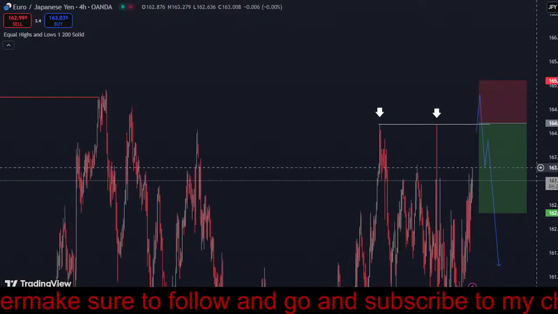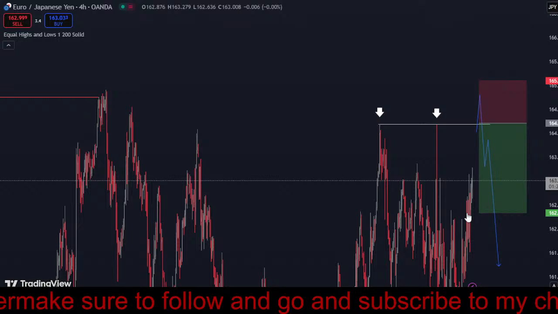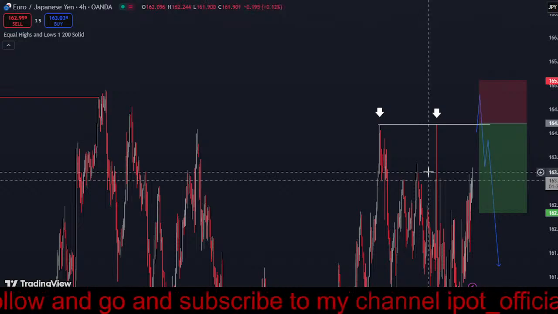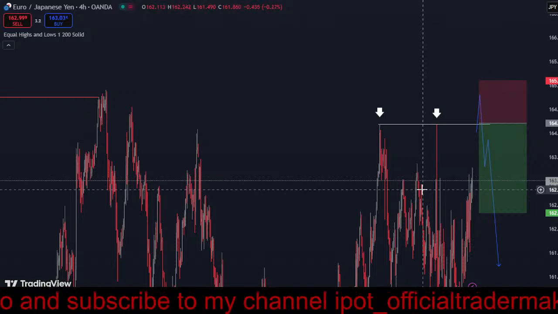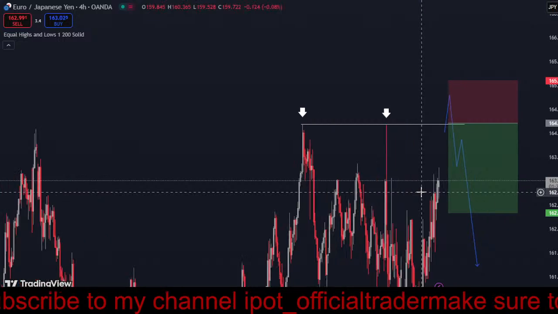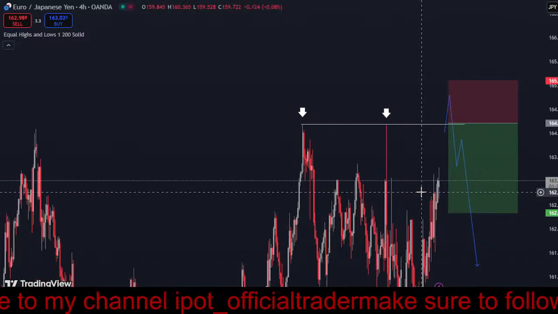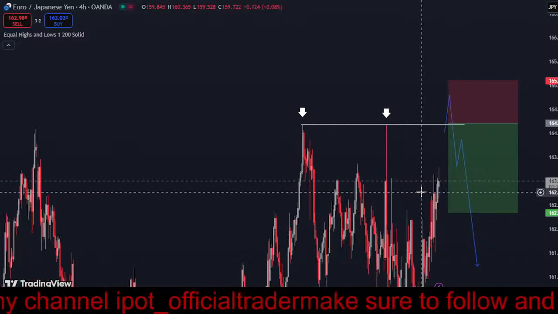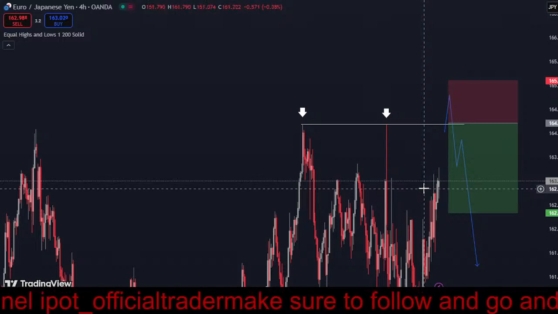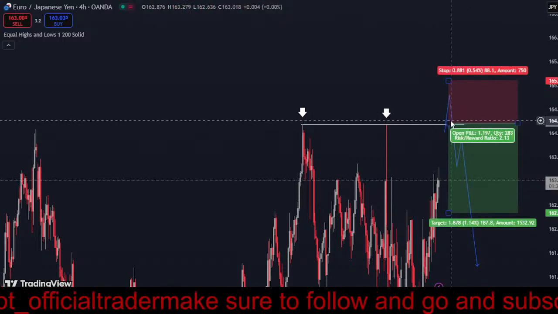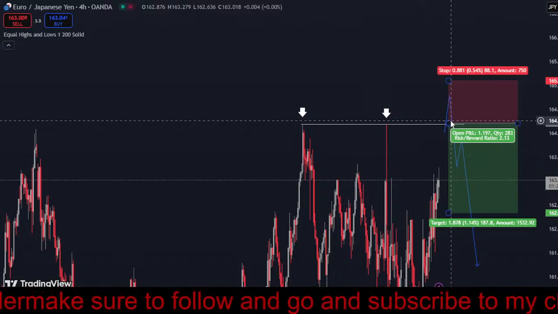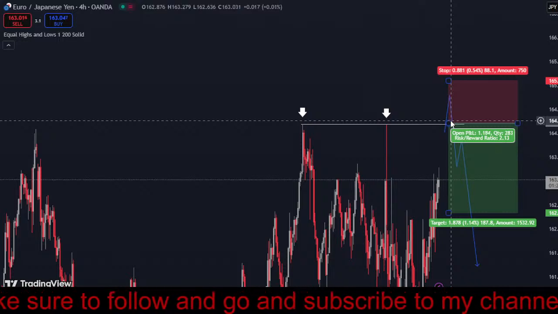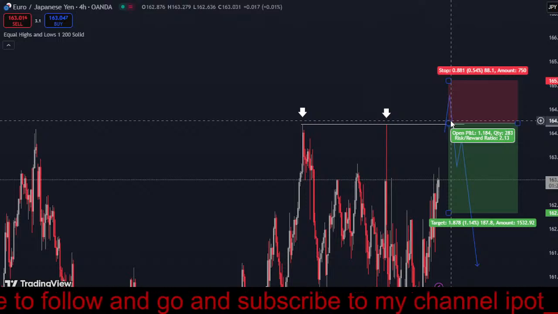When price is approaching these kinds of areas, I'm always far away from them, and I'd just wait until it actually happens. Possibly the following day, when price reaches around those areas, that's when you can start looking for selling opportunities. But for now, that's what I see, which is bad on my side.